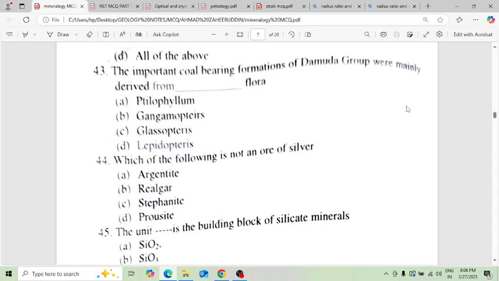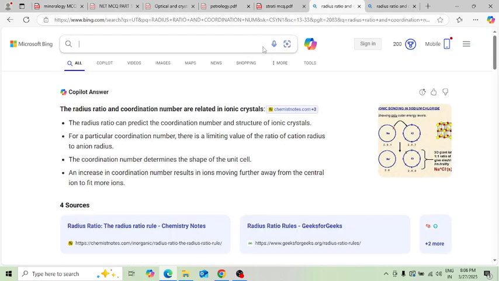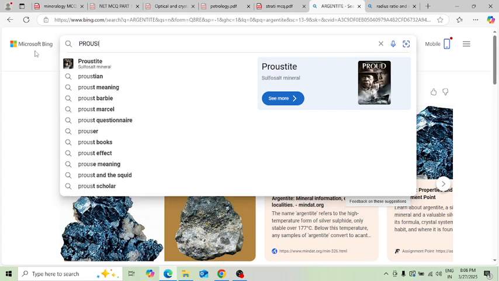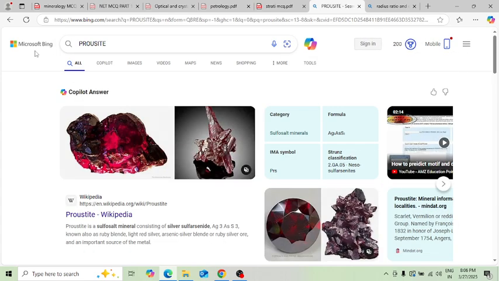Which of the following is not an ore of silver: argentite, realgar, stephanite, proustite? Argentite is cubic silver sulfide, so it is an ore. Proustite is a sulfosalt mineral of silver, sulfur and arsenic.